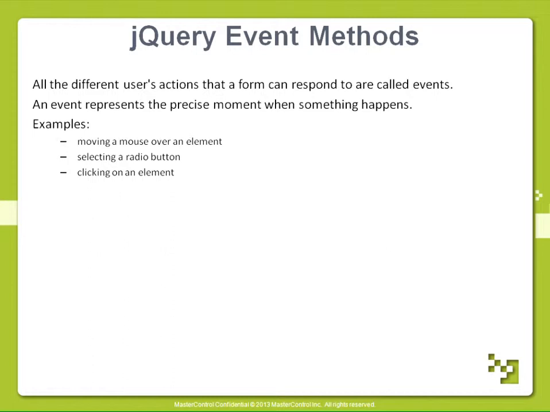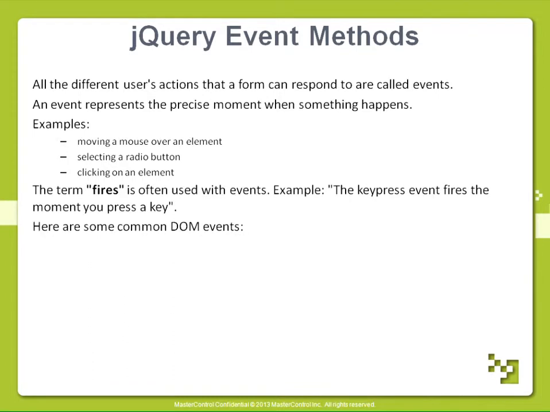Some examples of events that are very common in what we do: moving a mouse over an element, which is called hovering, selecting a radio button, clicking on an element, but it can be anything. There can be entering text into a field, or tabbing out of a field. There are lots of examples of events.